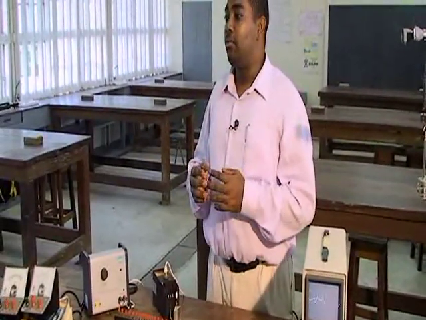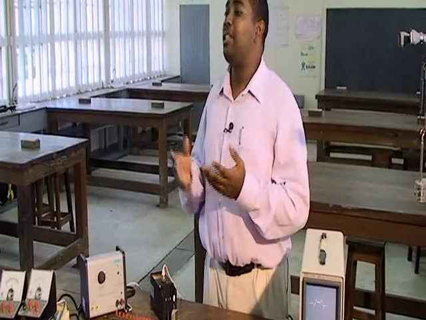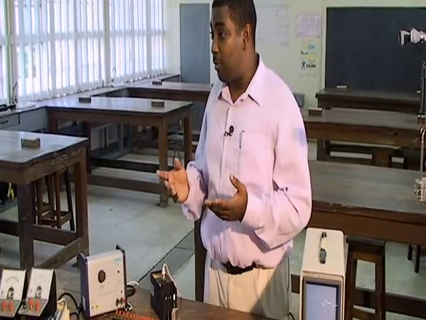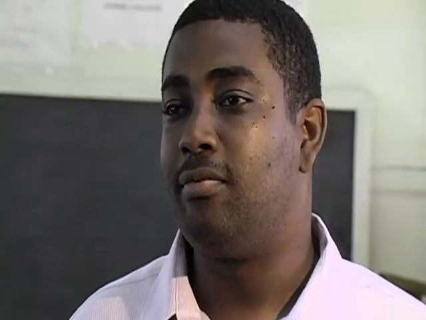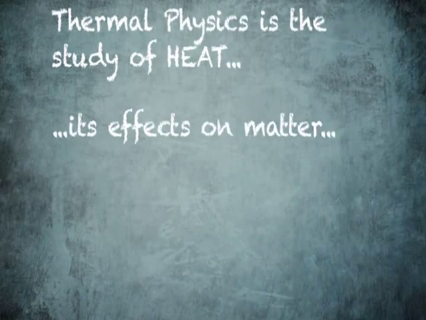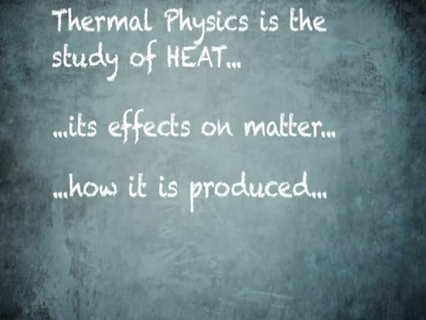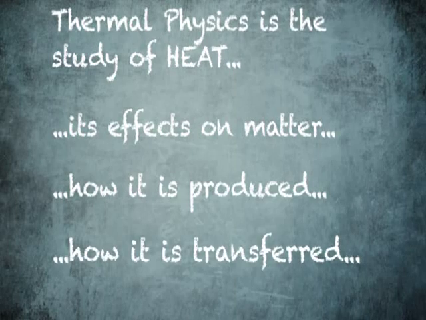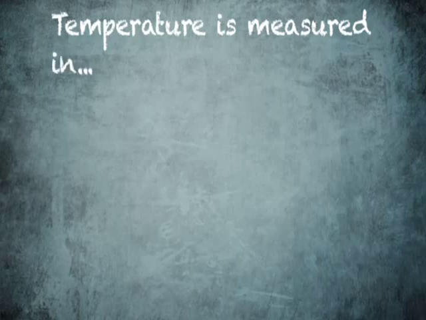But in the meanwhile, you should try to measure the temperature of a few things around your home and convert these temperatures into Kelvin. So, what have we learned today? We learned that thermal physics is the study of heat, its effects on matter, how it is produced, and how it is transferred. We learned that temperature is measured in Kelvin.